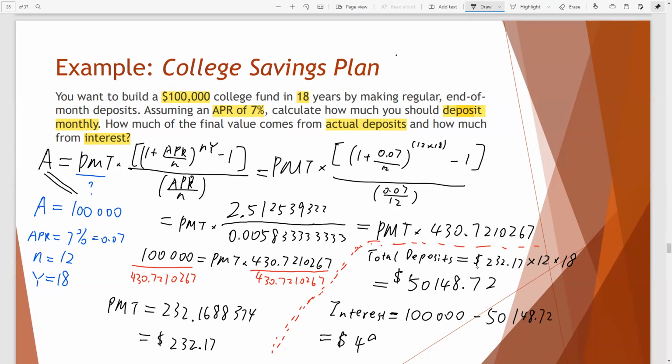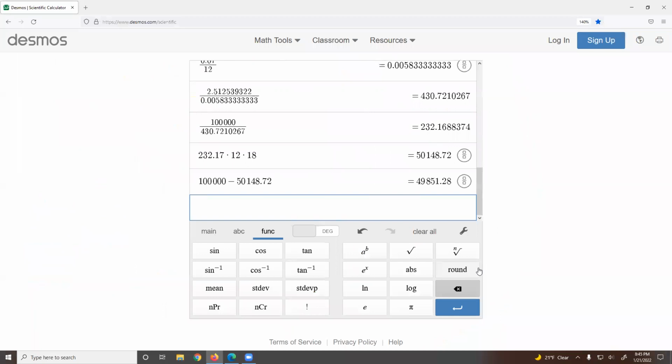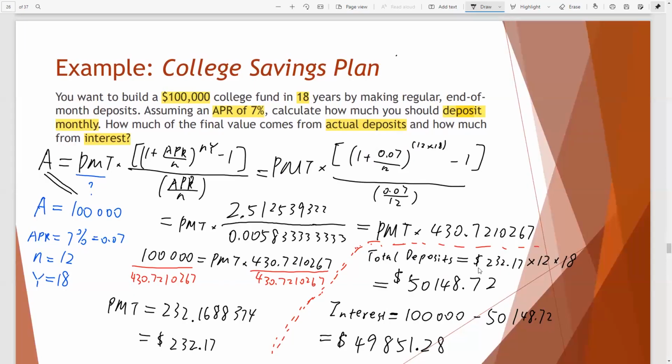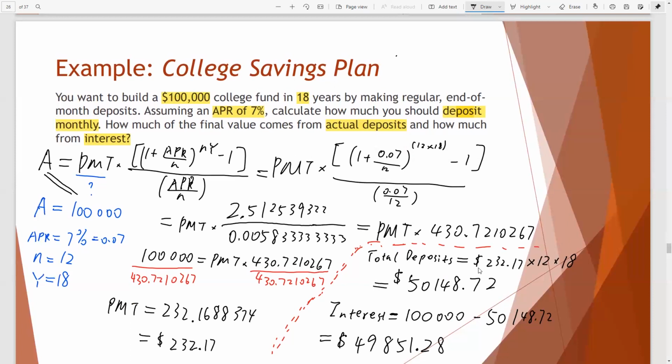That's $49,851.28, right? Let's see. Right, $49,851.28.